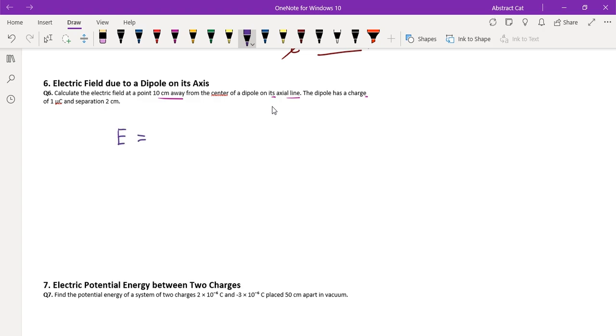We know that E equals 2p, dipole moment, over 4 pi epsilon naught r cube, the separation to the cube. So 1 over 4 pi epsilon naught, we know that is 9 into 10 to the power 9, times 2p. For P we need just the dipole moment, with charge 1 microcoulomb.